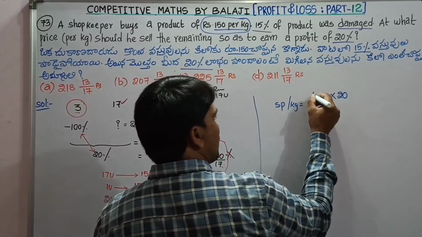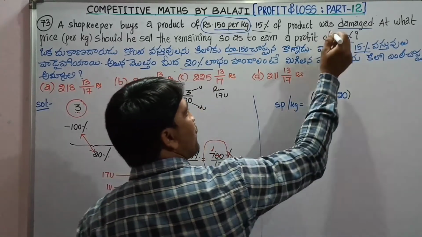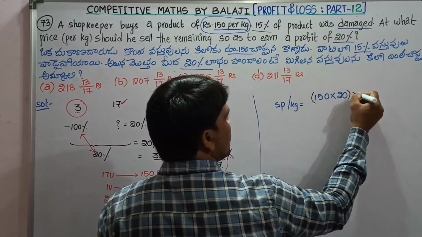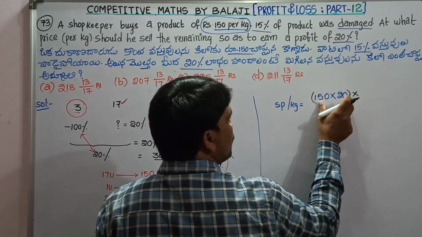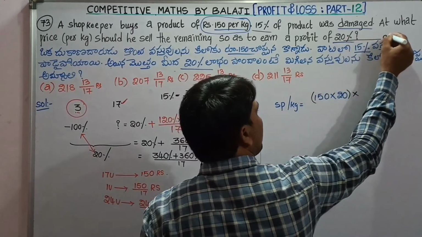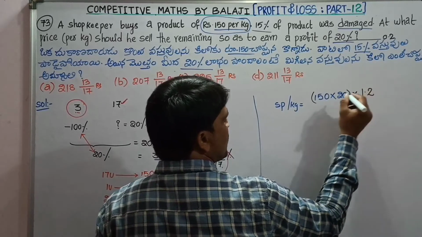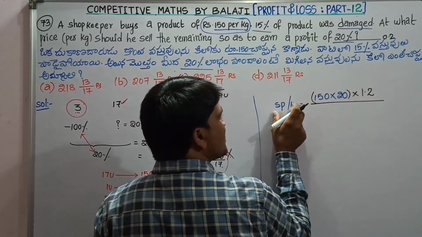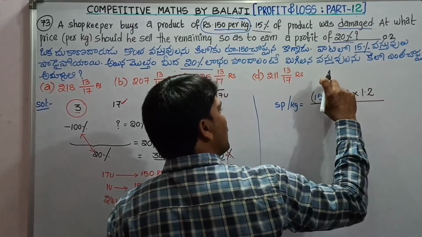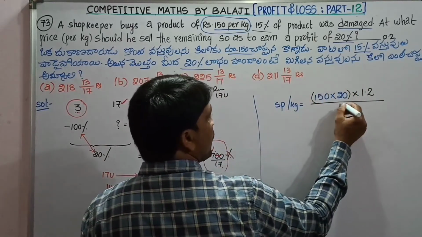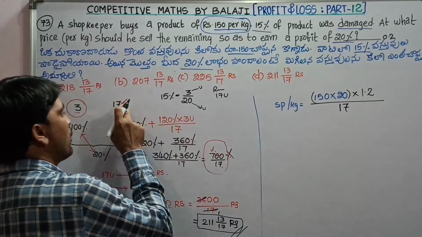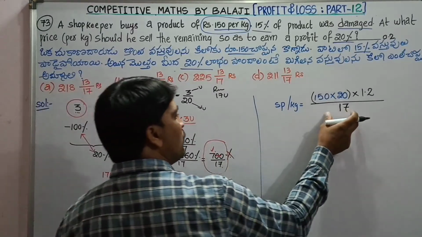On the total cost price, we have to get 20% profit. That means if it is 1 unit value, we have to get 0.2 profit. That becomes 1.2 times the cost price, on the remaining 17 units of product.